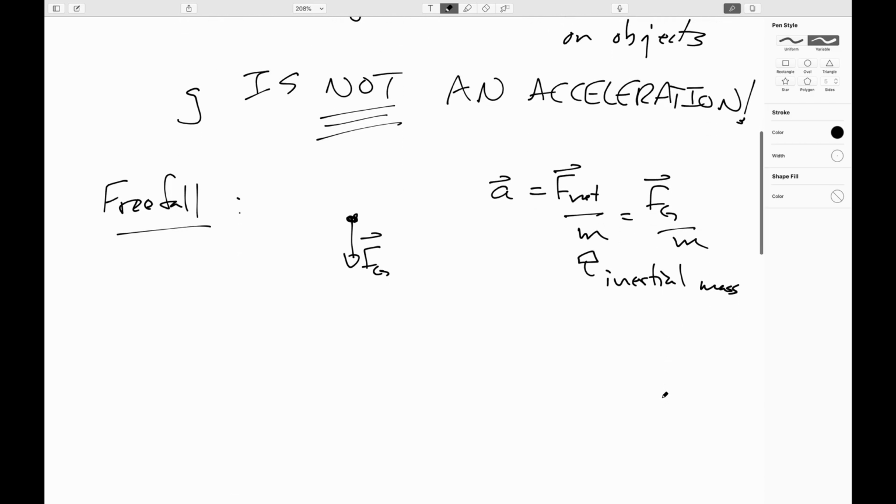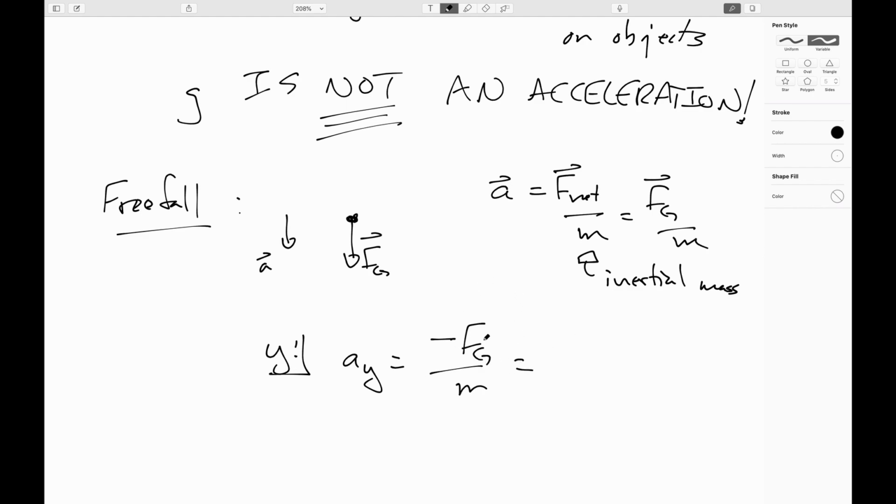So if we go and take the y component of this, we know that the acceleration is going to be pointing down. We'll just say a sub y, and we know it's going to be pointing down, so we can put in a minus sign, and that's okay, because the force of gravity is pointing down, so minus Fg over this inertial mass.